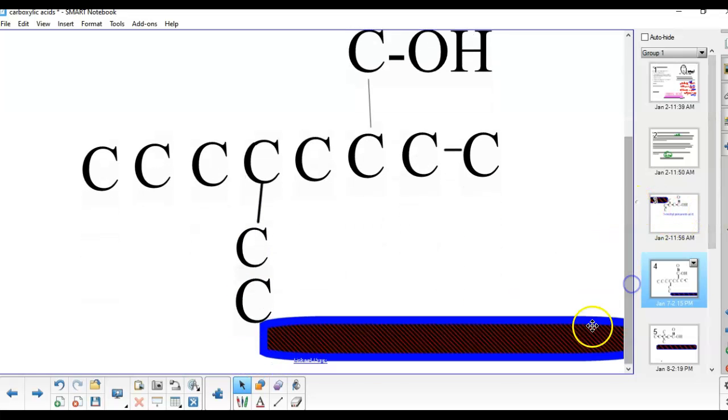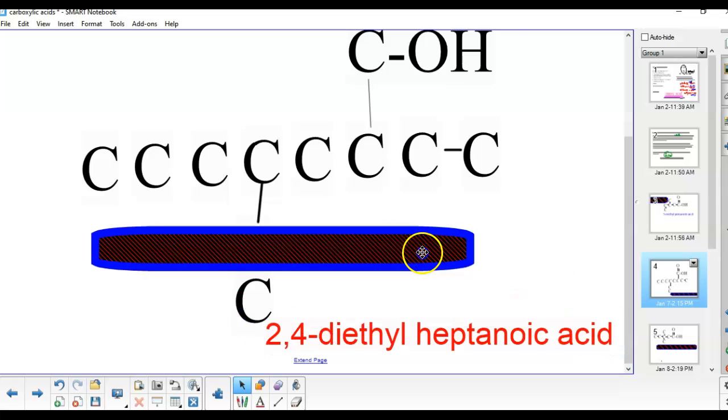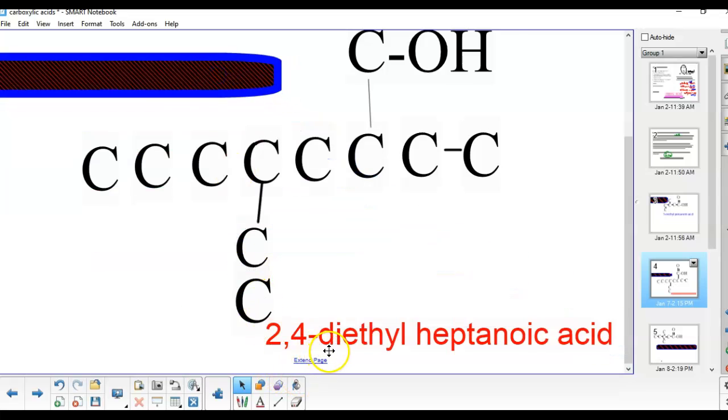So we're looking at 2-methyl, 2-ethyl. Oops, I didn't even see that. Forget everything I just said. 2 carbons here, 2 carbons there. So we have a diethyl, and they're on carbons 2, 3, and 4. Oh, I've got to learn how to count them.